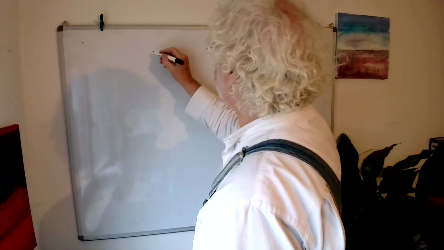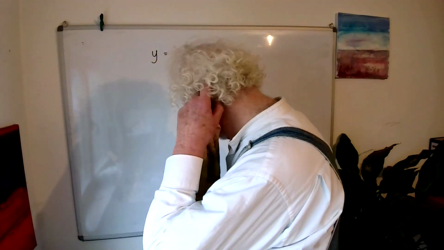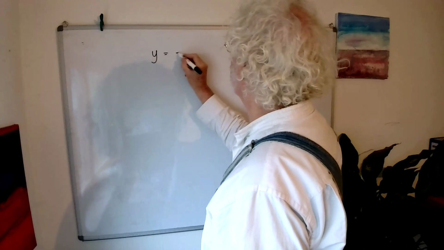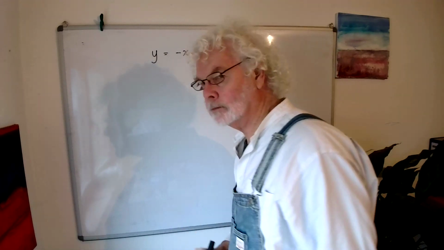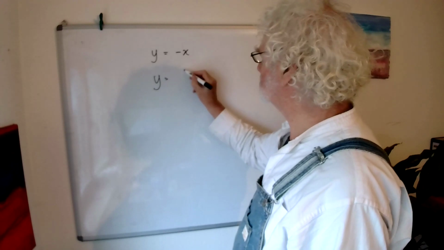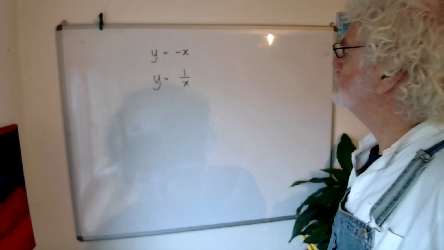One is y equals minus x. Quite simple. And the other one is y equals 1 over x. Right?